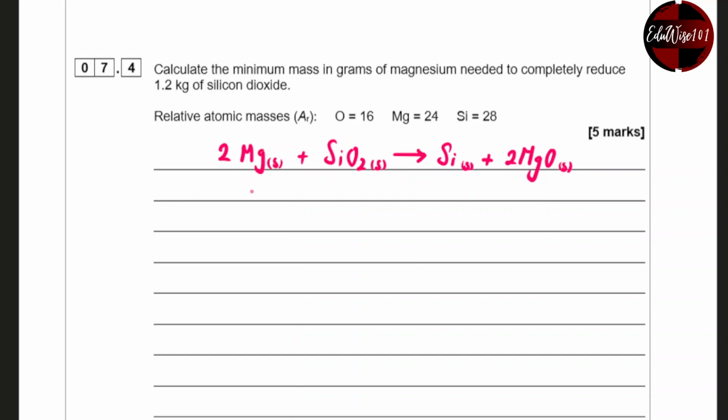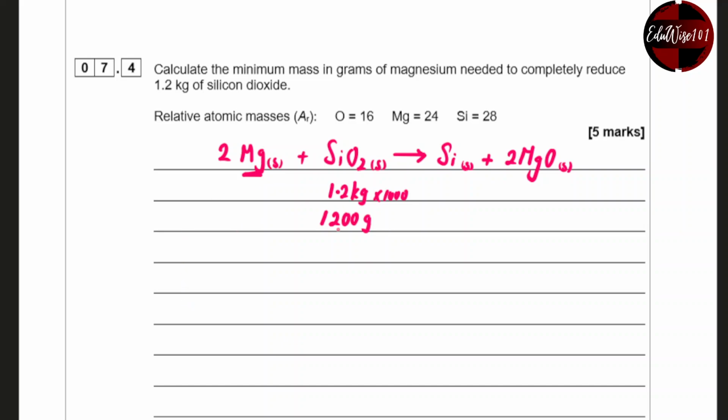So calculate the minimum mass of magnesium that is required. You're trying to work out how much magnesium you will need in order to reduce 1.2 kilograms of silicon dioxide. Now 1.2 kilograms, let's convert it to grams, multiplied by 1,000 will give you 1,200 grams.